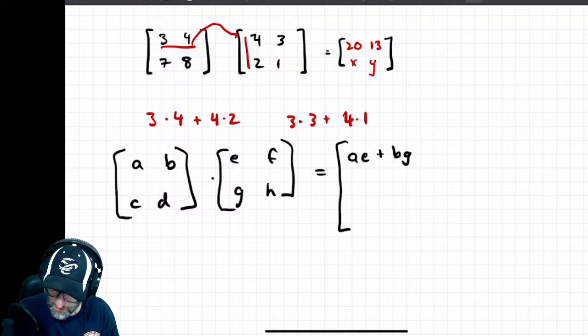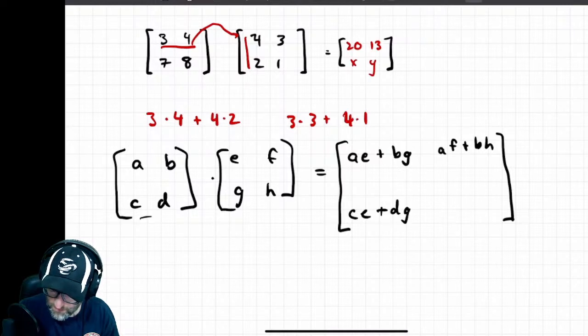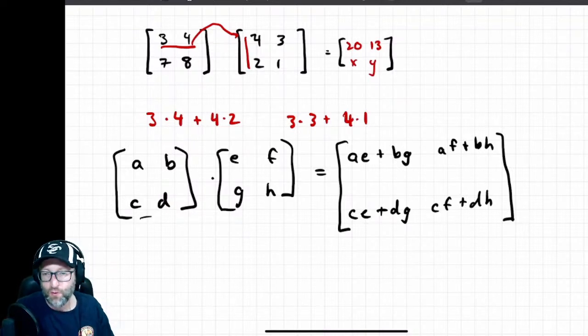The second entry there is going to be AF plus BH. Then down here on the second row, we take the second row of the first matrix and match it up with the first column, so CE plus DG, and then CF plus DH. And that's for a 2 by 2 matrix.